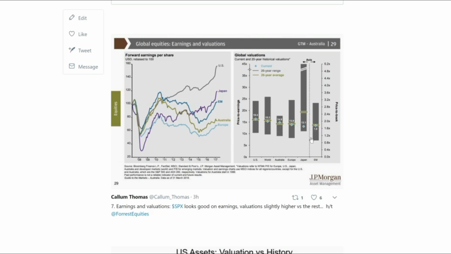And on the valuation picture, you see there that they're all sort of around fair value. Japan's a little bit below, or below long-term average, I should say. I mean, fair value versus long-term average, two different things, arguably. But one thing that you can certainly say is that the US stock market is more expensive than the others.